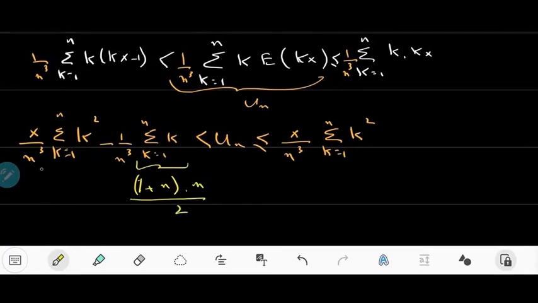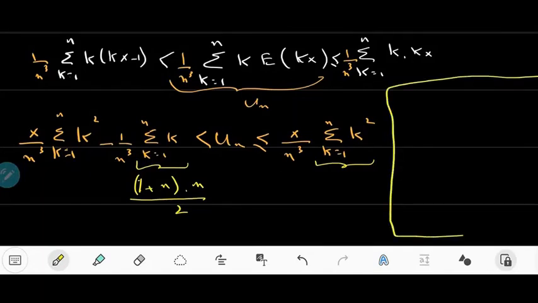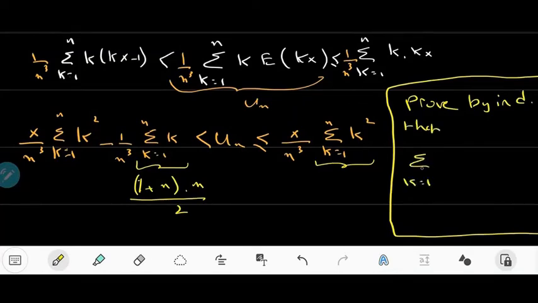But what about the sum of k squared when k goes from 1 to n? This is a separate exercise that you can try to do yourself. So prove by induction that the sum for k going from 1 to n of k squared is equal to n times (n plus 1) times (2n plus 1) over 6.